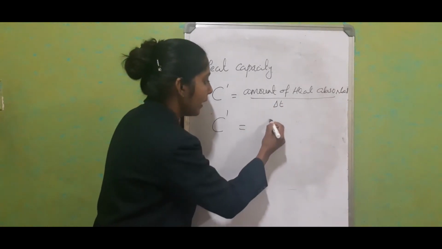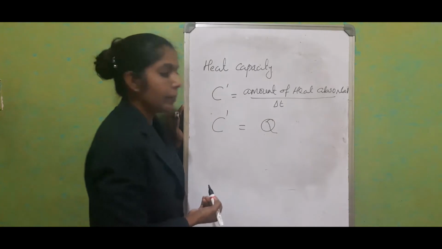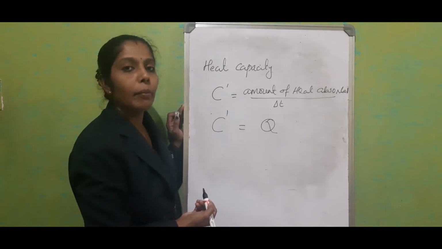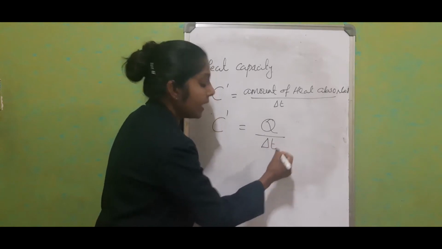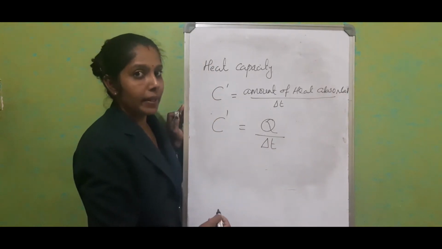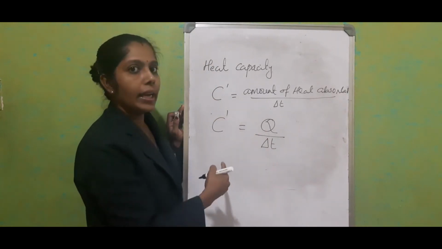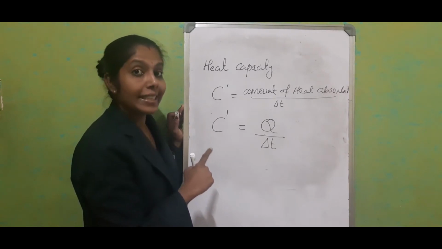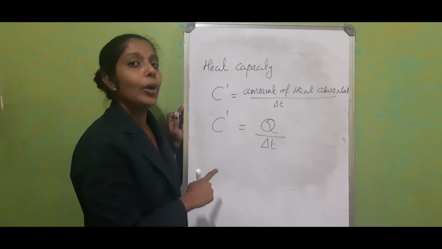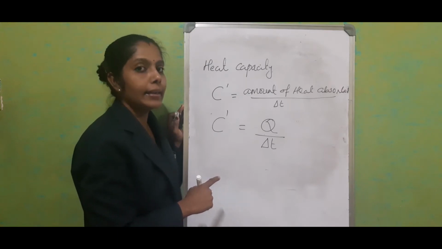We already said we use Q. So C dash is equal to Q, the amount of heat energy absorbed, divided by delta T, the change in temperature. C dash is equal to Q divided by delta T.